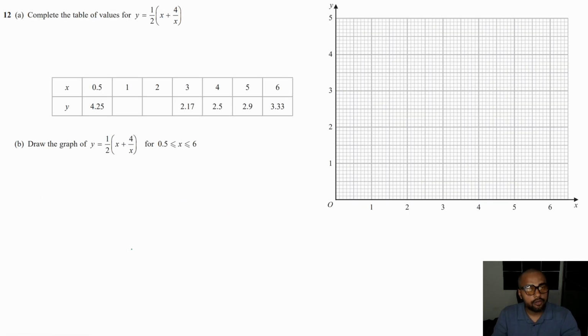Complete the table of values for y equals 1 by 2 x plus 4 by x. Okay, it's easier for us. We just need to plug in the value of x in y.